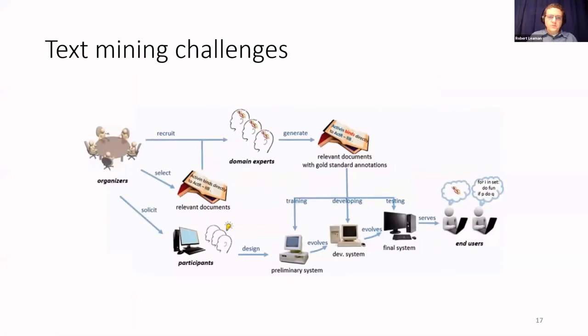The overall flow for creating these challenges, you can see here up at the top left, is that we have the organizers who not only solicit participants but also have to select the tasks and the documents that will be used, and then recruit domain experts in order to create annotations on those tasks. The participants are the ones who will then create systems to address the tasks that have been chosen, and then use the data sets that have been created to develop their systems, and then in the end to evaluate them.